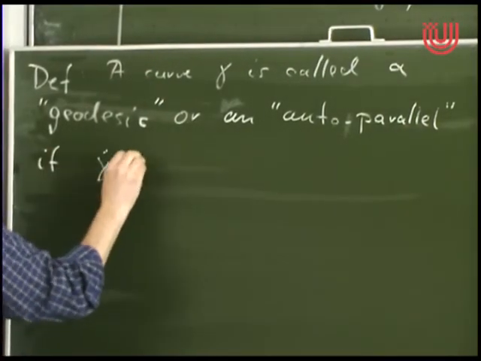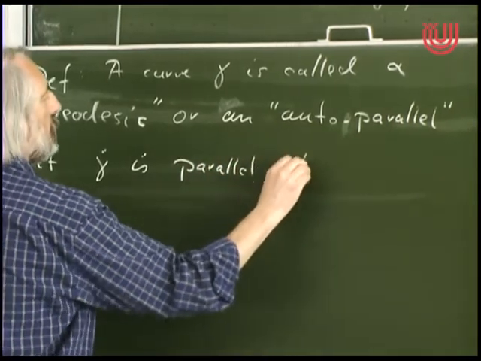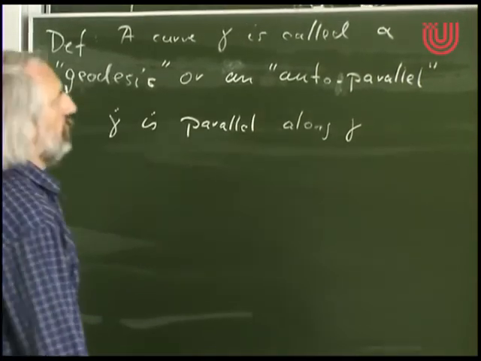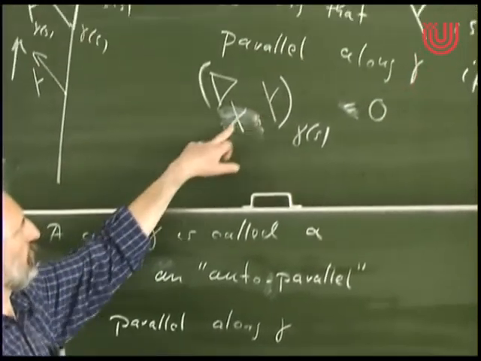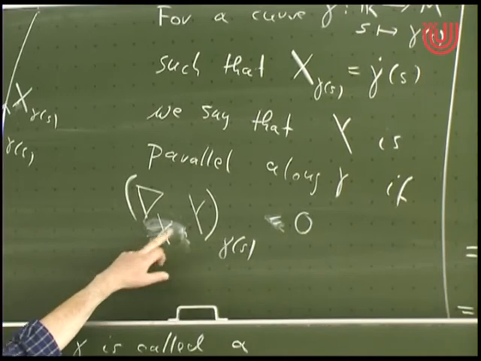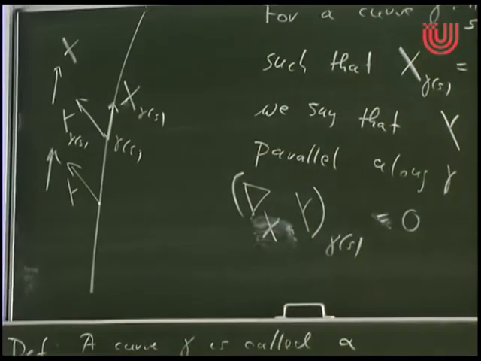If gamma dot is parallel along gamma. So we have this here for the special case that not only the x is gamma dot, but also the y, gamma dot, coincides with gamma dot along the curve.